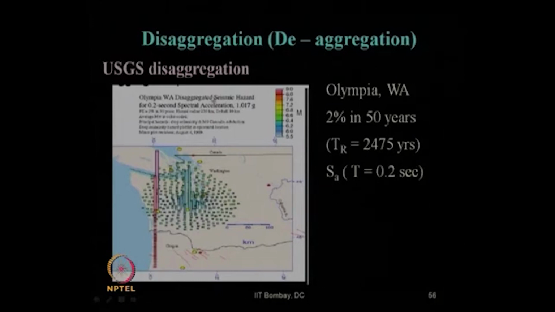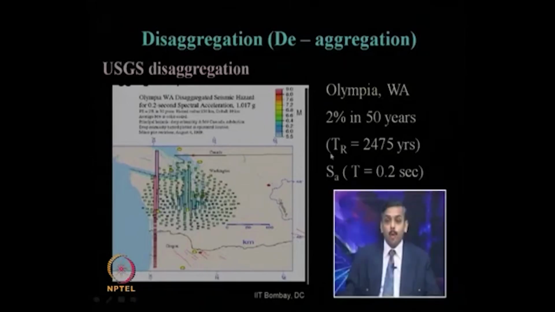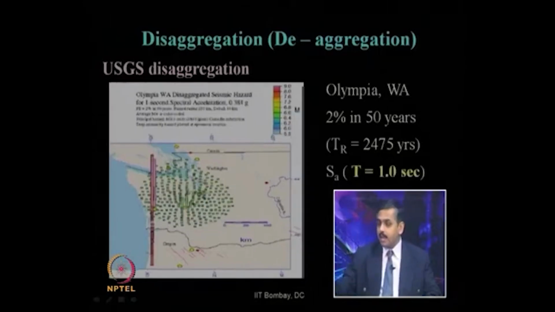That means this disintegration will give information about which earthquake or which source and which distance is more effective for affecting shallow structures or low-rise structures, whereas this disintegration data will give us the information about which source and which site are important to consider for a tall building or high-rise structure. Can you see the use of them? Clear?